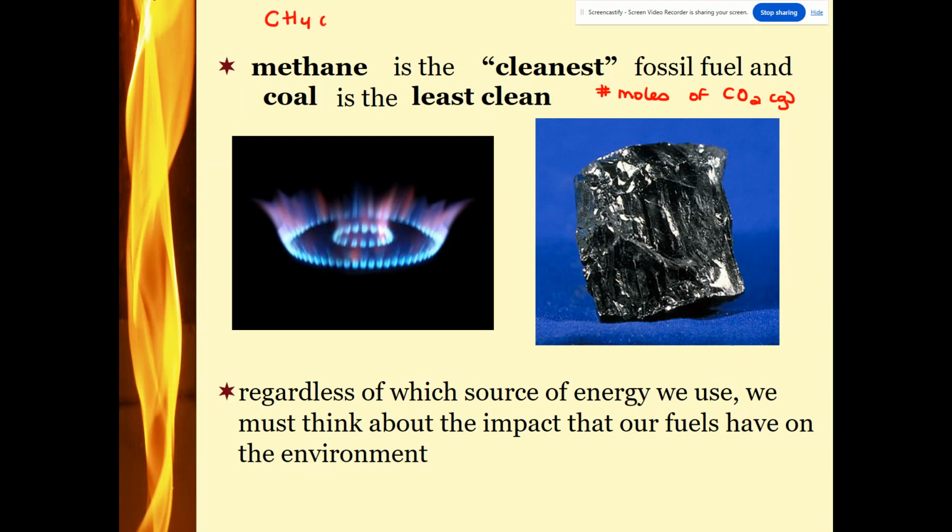If I have methane, which has 1 carbon in it, when it reacts with oxygen to make carbon dioxide and water vapor, as long as this is an open system, I have 1 carbon in my methane, so I'm going to produce 1 mole of carbon dioxide. Methane has the least number of carbons that you can have, so it's going to give off the least amount of carbon dioxide and therefore is the cleanest. The more carbons you have in your hydrocarbon, the more moles of carbon dioxide and the dirtier it is.